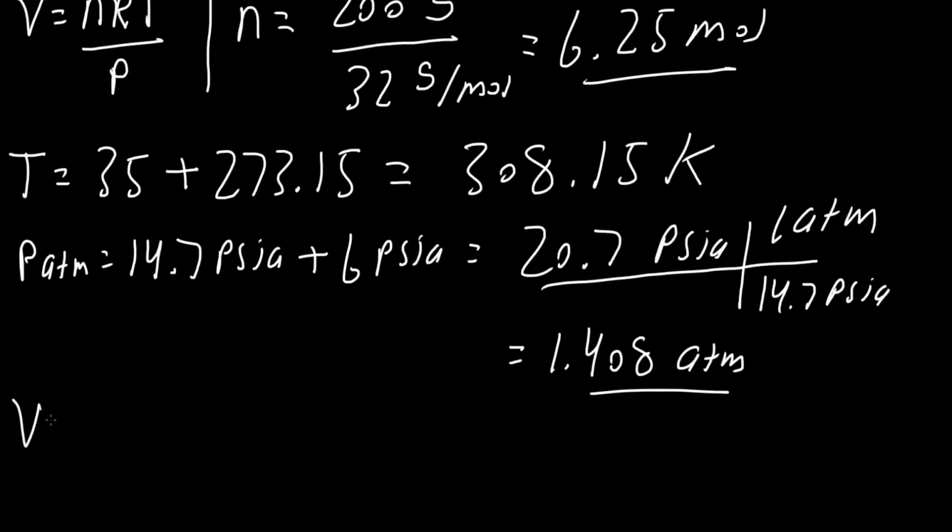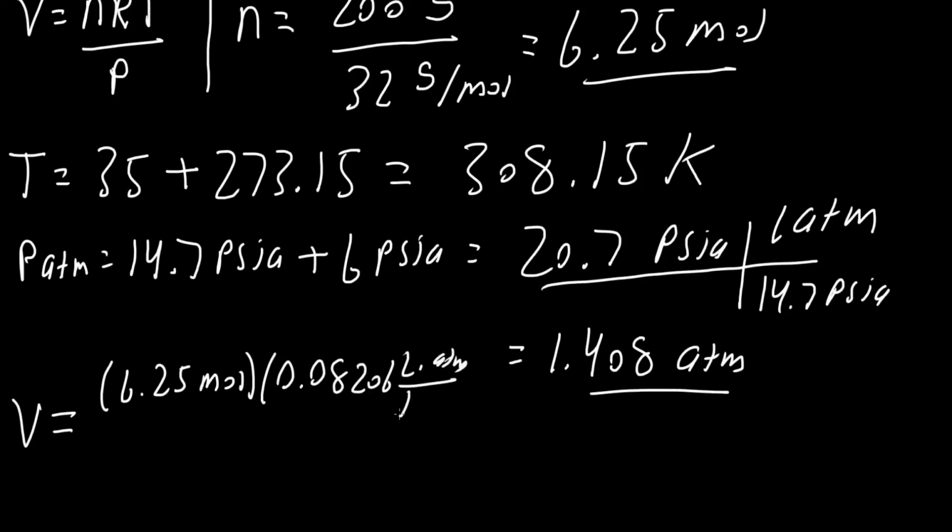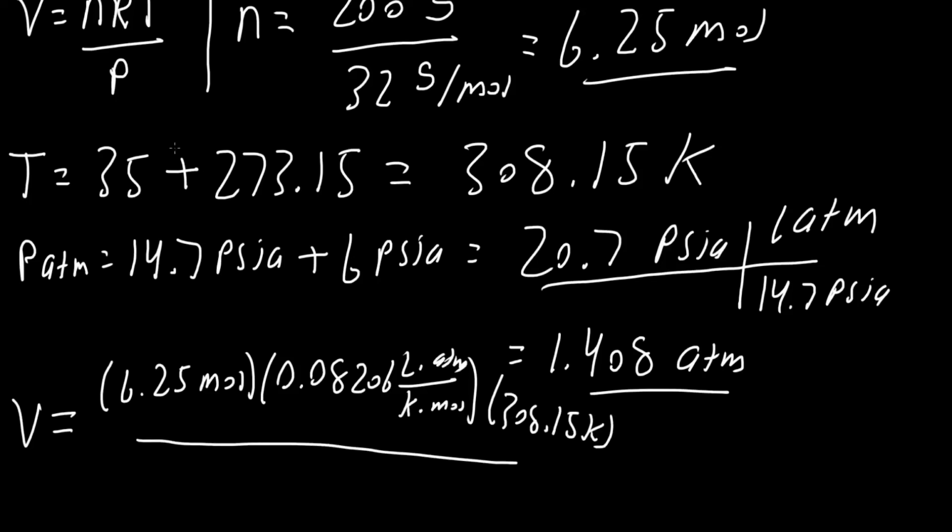So volume, which is going to be in liters, is going to be n, which is 6.25 moles, times R, which is 0.08206 L·atm divided by K times mole, times T. Temperature was 308.15 Kelvin, divided by P, which is 1.408 atmosphere.